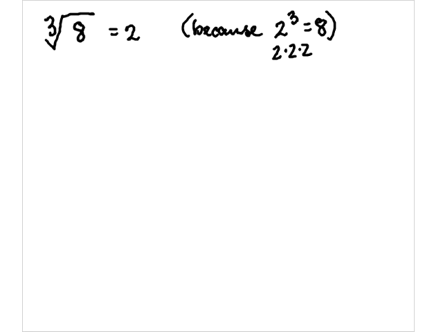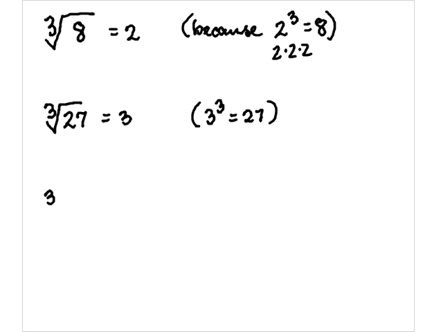And many of you might have a cube root button on your calculator. Alright, let's just do a couple more cube roots. The cube root of 27 is 3. And once again, that's true because 3 to the 3rd power, 3 times 3 is 9, times another 3 is 27.